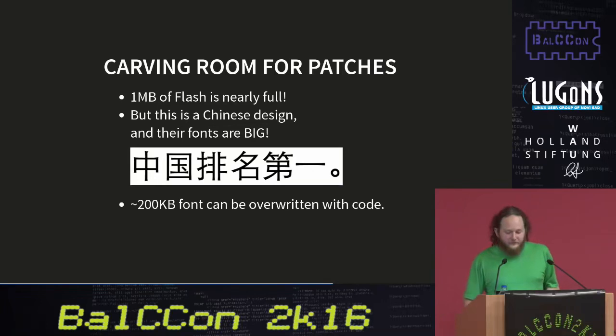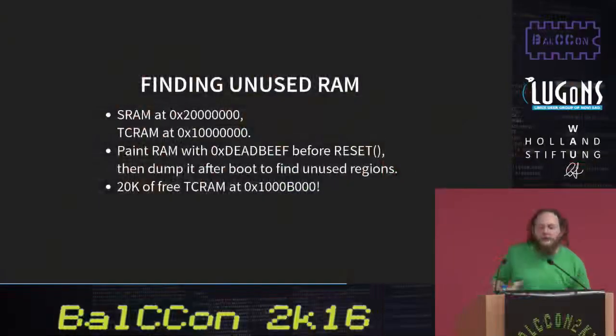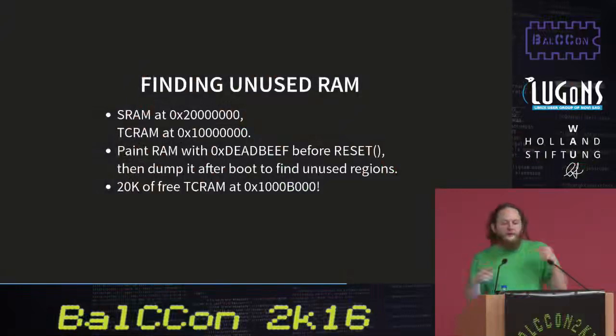So this allows you to then have a complex C compiler with a lot of code and plenty of memory left over as far as the code goes. You also need room for your own RAM, because these 200 kilobytes are executable and they're readable, but they're not writable, or they're not quickly writable. So you need to find unused RAM, and the way that you do this is you realize that there are 2 different RAM regions.